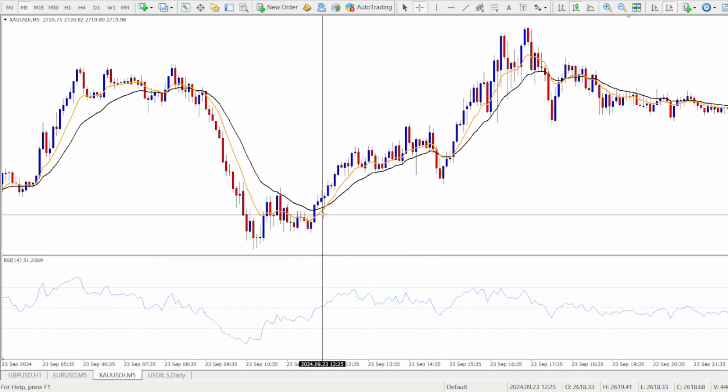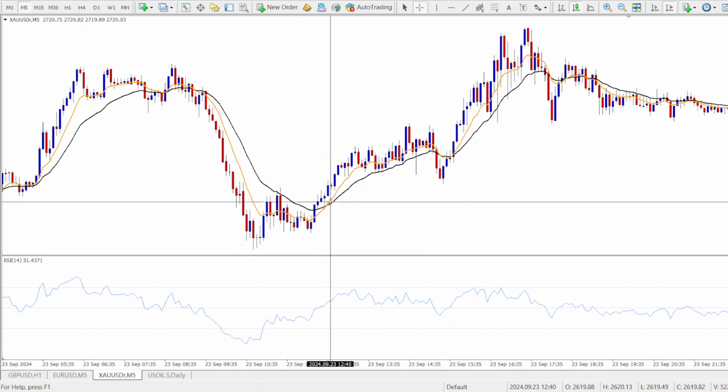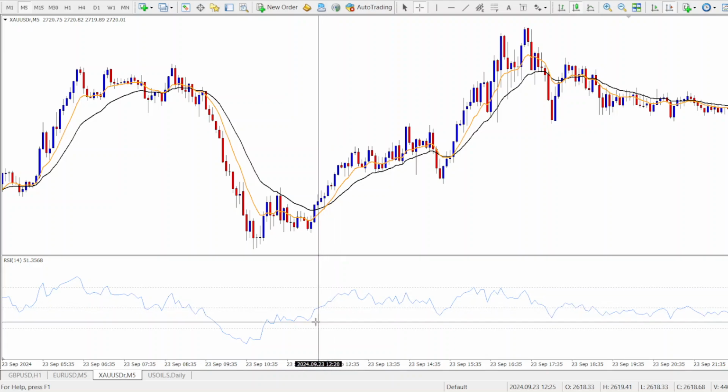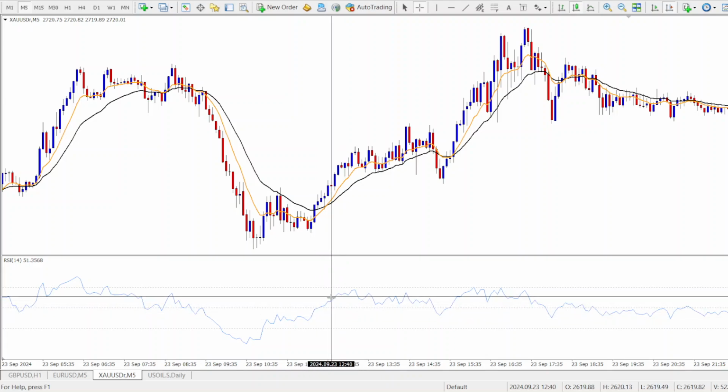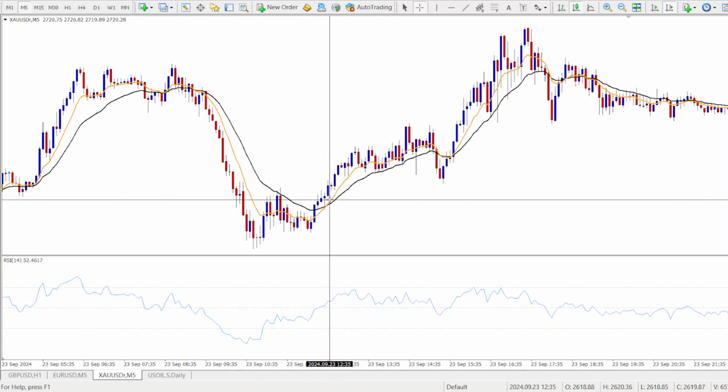So when you have a bullish crossover here and then you have RSI above the 50 level but below the 70, it shows bullish momentum. So you can consider entering your buy after that.